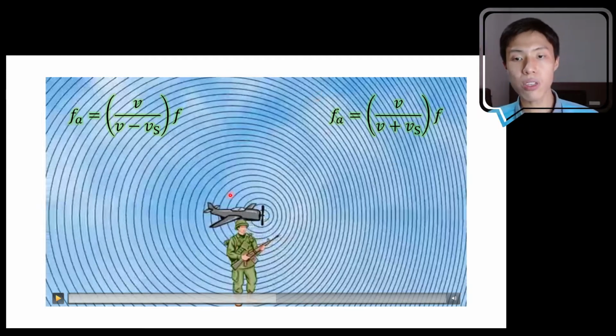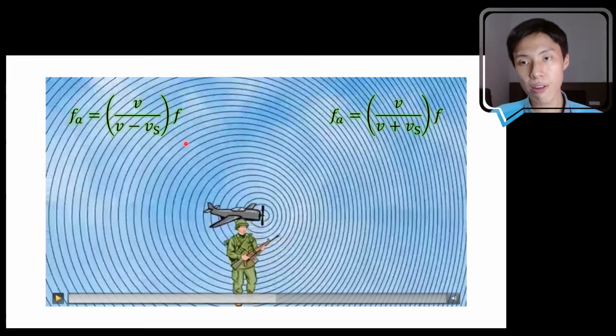Please take note that this jet here is flying with a constant speed. It is not speeding up, it is not slowing down. So we know that the speed of the sound wave here is around 340. This one never changed, it's constant. The speed of the sound source, let's say, is 100 km per hour. This one is also fixed, not changing. The frequency of the sound produced by the sound source is also fixed.